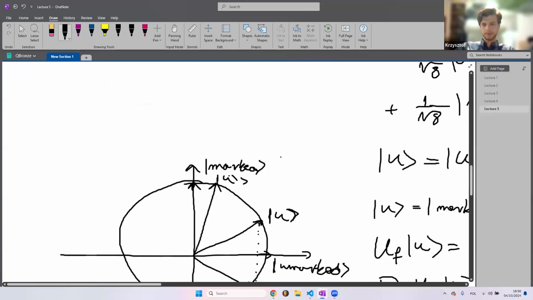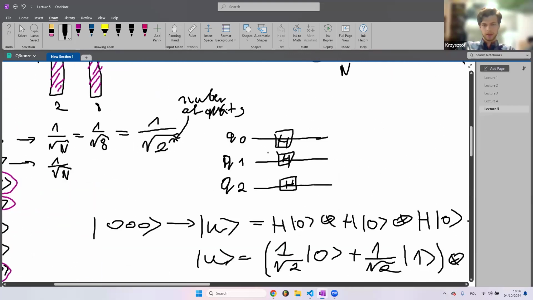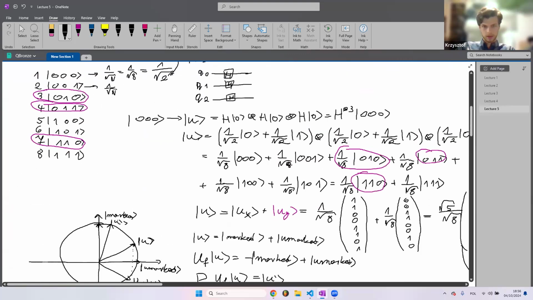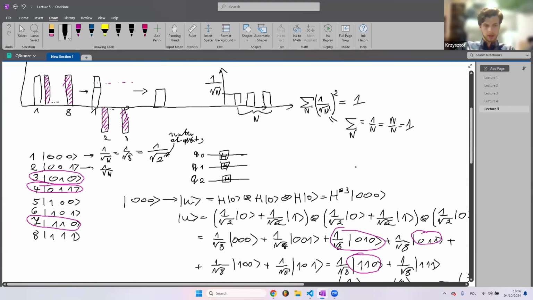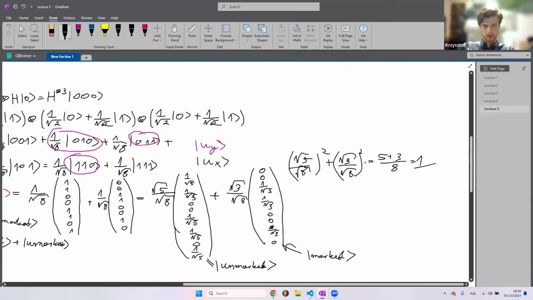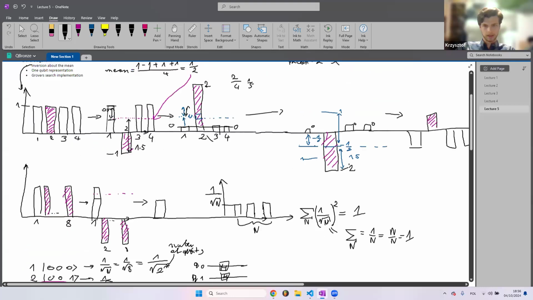But in Grover's algorithm, based on this quantum game and the number of iterations we had to do, I'm looking for the formula. Here's the formula. We can say that this is square root of n.